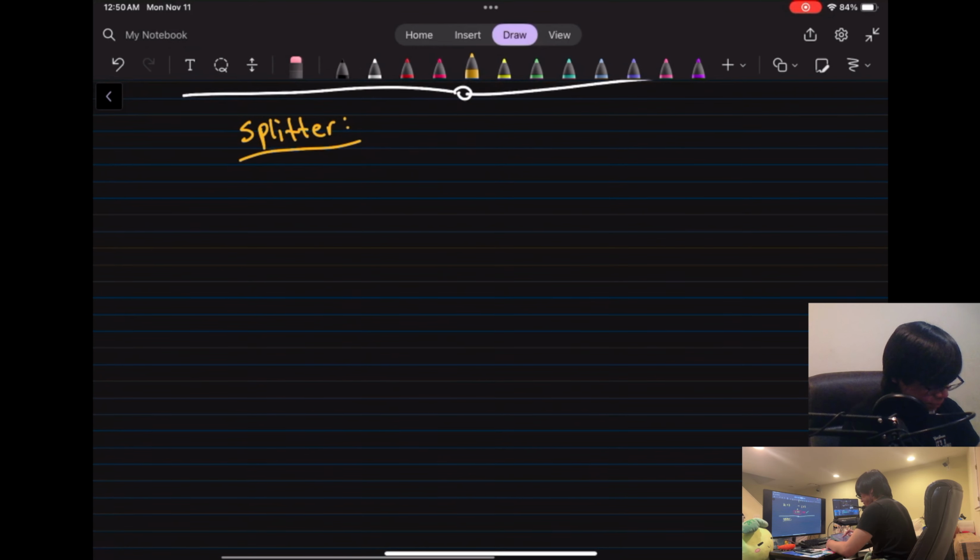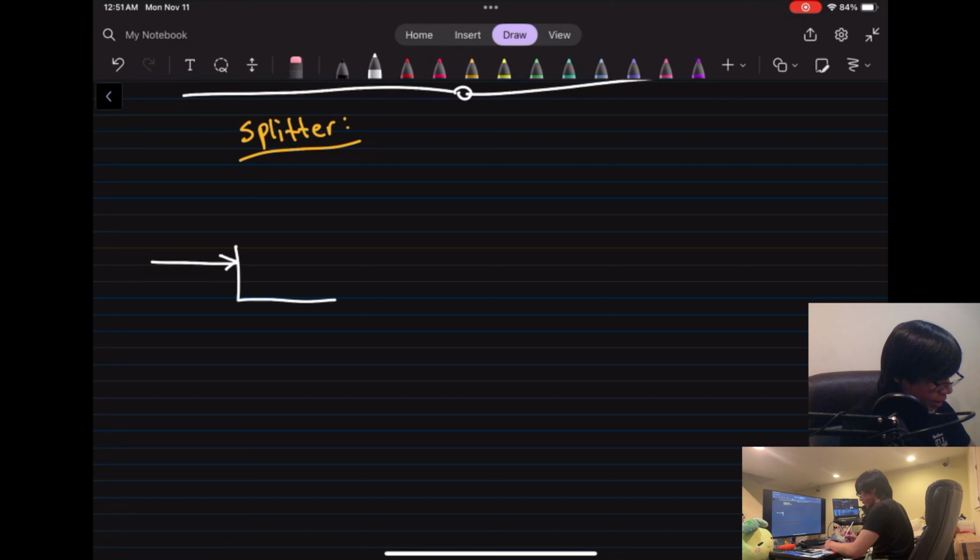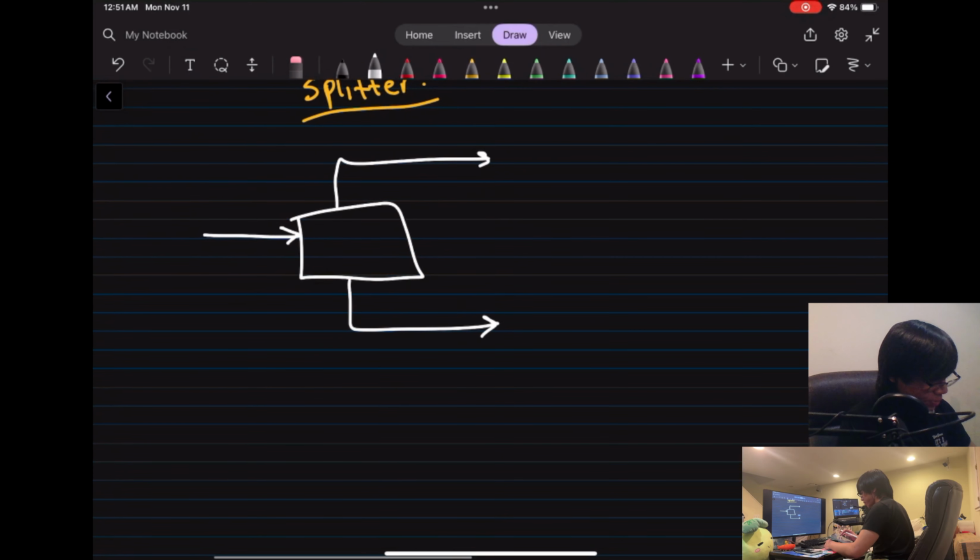Essentially, for the splitter, it's just one stream going in, and 2 coming out. So I can go ahead and label this maybe L1, L2, and L3.